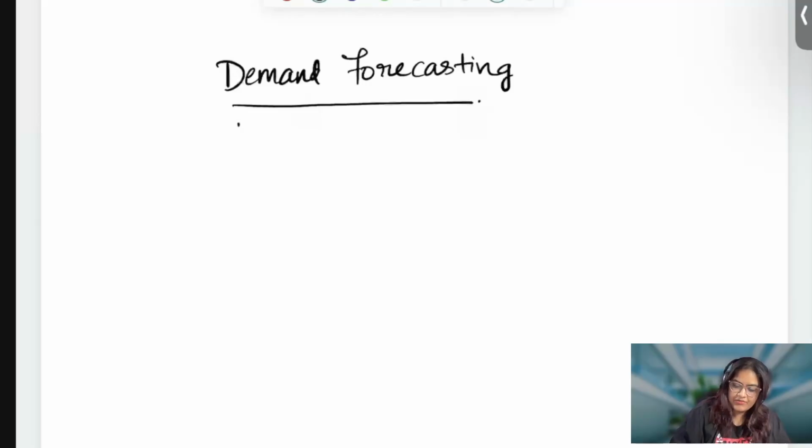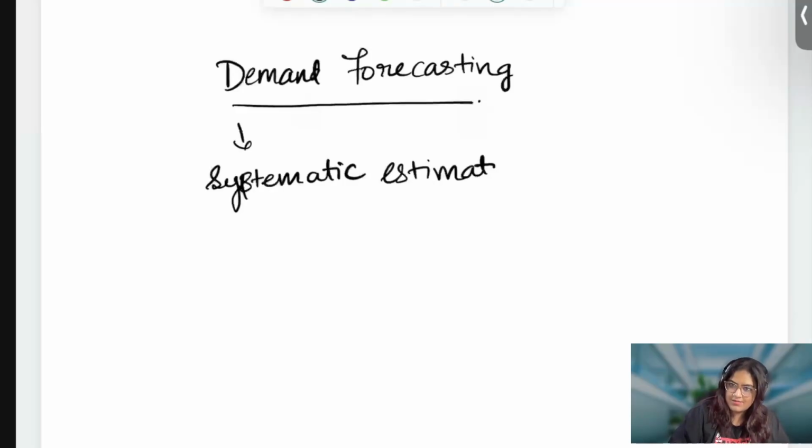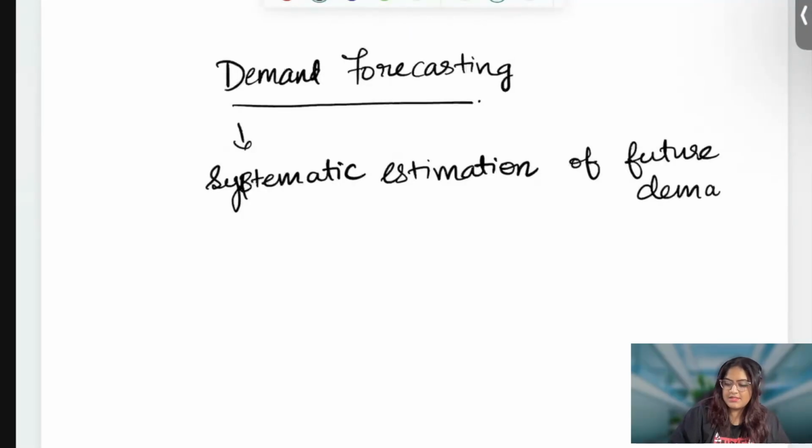It is the systematic estimation of future demand for a product or service over a specific period of time. In simple words, it answers the question: how much will the consumers buy in the future?